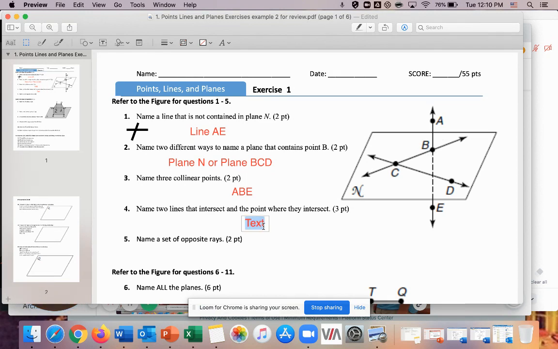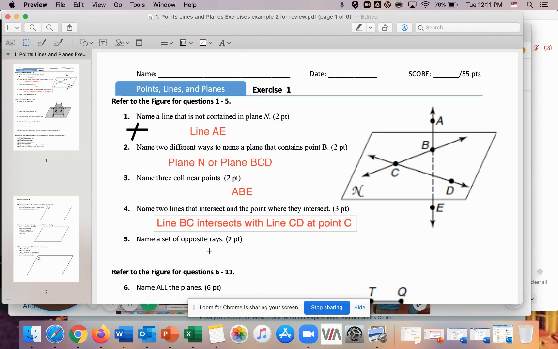For this, I would say line BC intersects with line CD at point C.